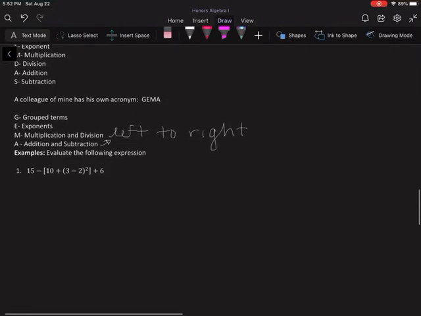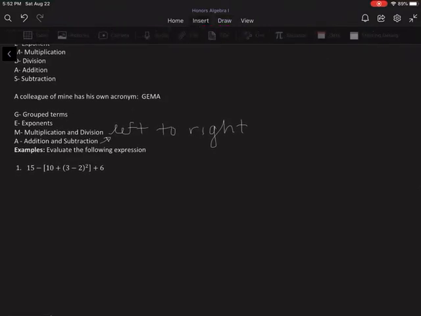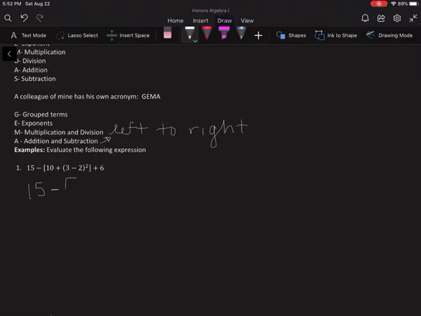So let's go ahead and do this example. Oh, I keep doing that. I'm going to keep the 15 there, and I'm going to do what's inside of brackets. 10 plus 3 minus 2 is 1 squared plus 6. Now this is what I mean. I can evaluate this exponent and then add this together in one step.